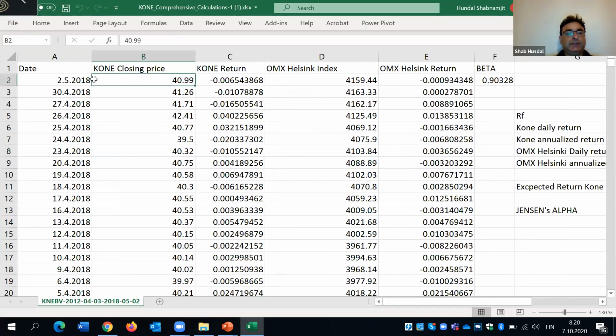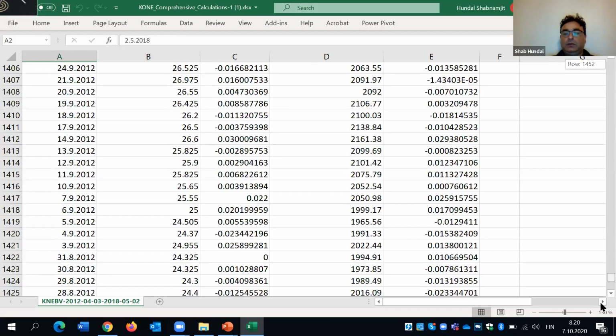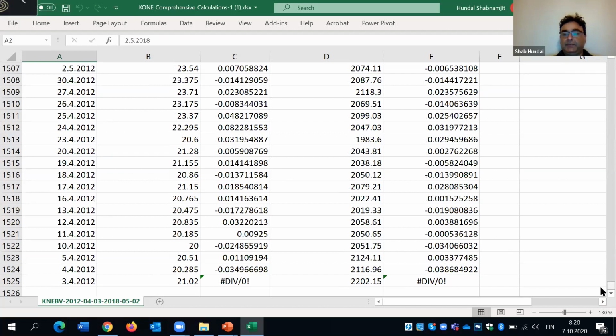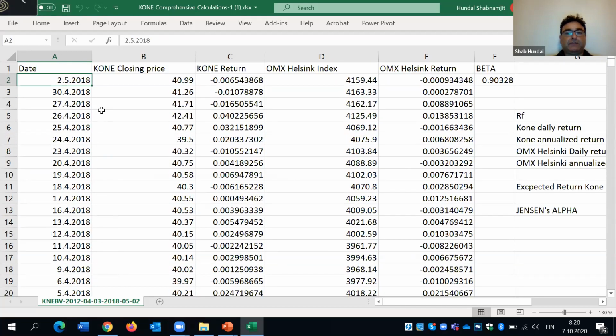And I took the data of Kone from 3rd of April 2012 to 2nd of May 2018. We make all our calculations based on the closing price.